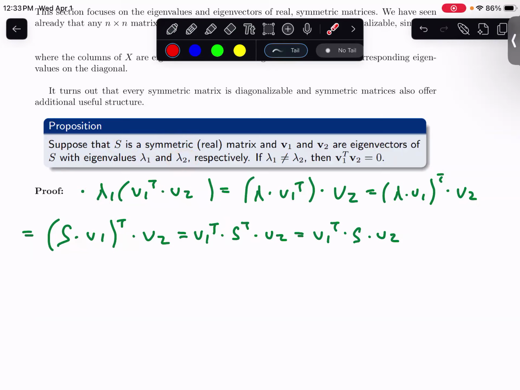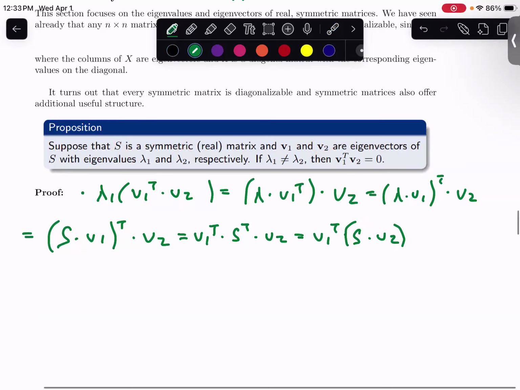And so we want to get lambda 2 somewhere, and where we can get lambda 2 is this part right here, this parentheses. We have S times V2, where V2 is an eigenvector of S with eigenvalue lambda 2, which means that you can rewrite this as V1 transposed times lambda 2 times V2.